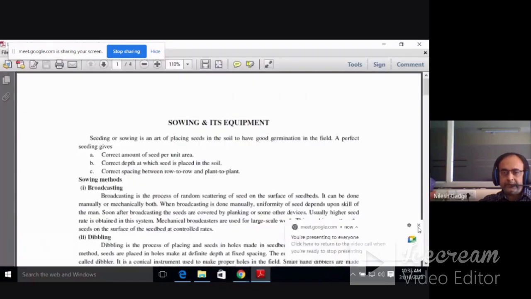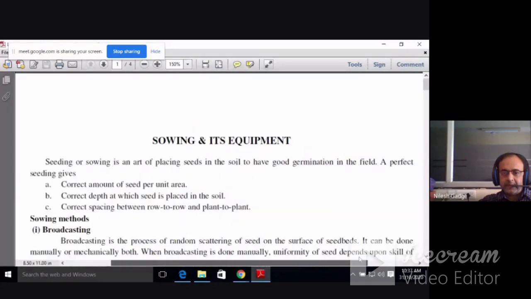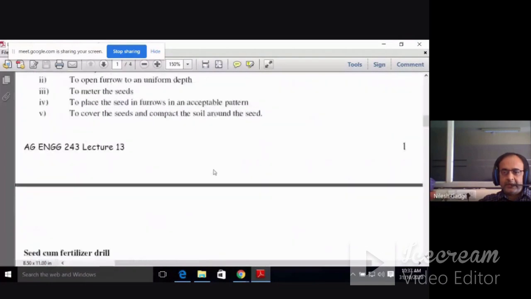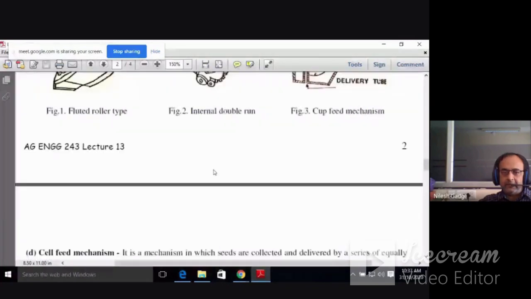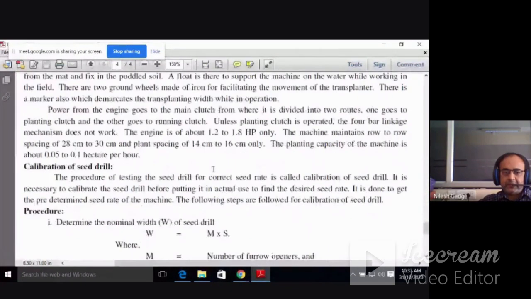So now again I will explain some method of calibration of the seed drill.